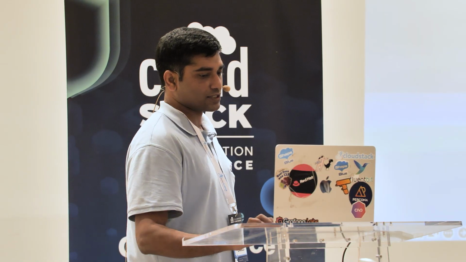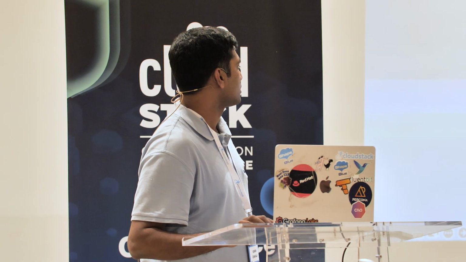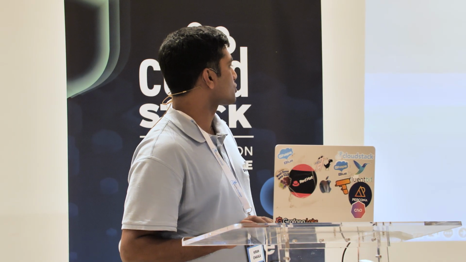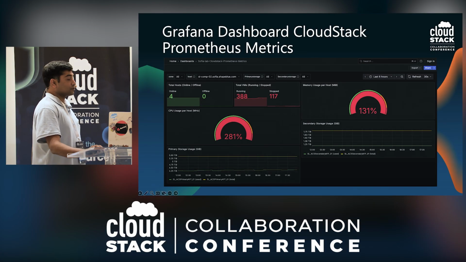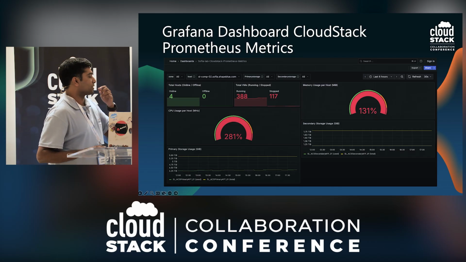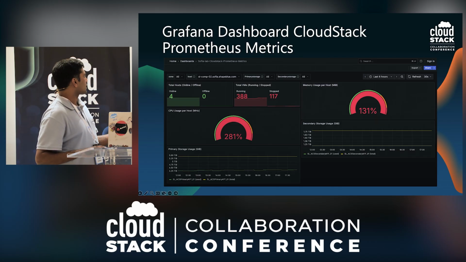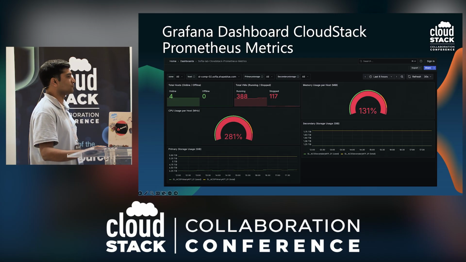And this is a sample metric that CloudStack generates. This is like the host count of total hosts that are online. And this is a sample dashboard that I generated from CloudStack metrics. Currently, the metrics from the CloudStack Prometheus exporter are limited, but we are keen on improving it with the help of community members.